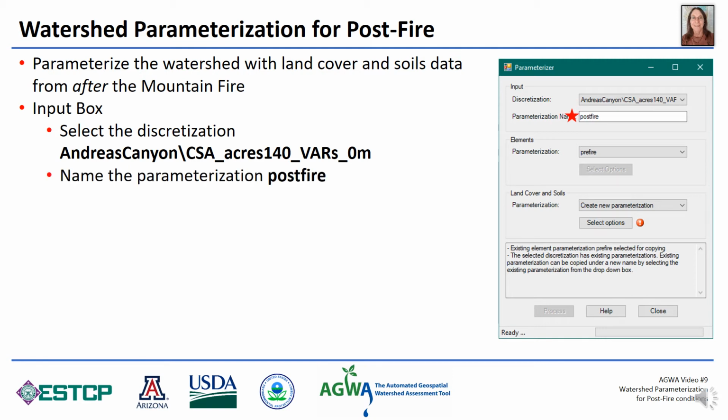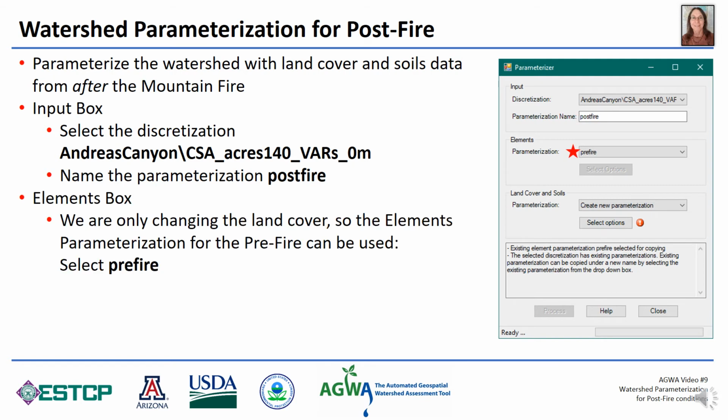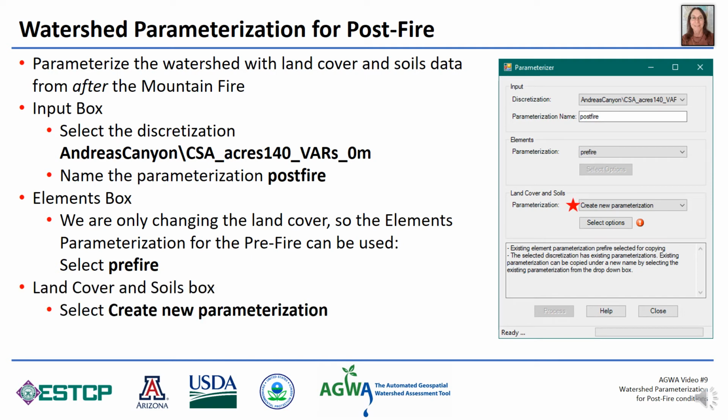Name the parameterization post-fire. In the Elements box, we can use the parameterization we created for the pre-fire simulation since we're only changing the land cover. Select Pre-Fire. In the Land Cover and Soils box, we'll create a new parameterization using the new post-fire land cover.